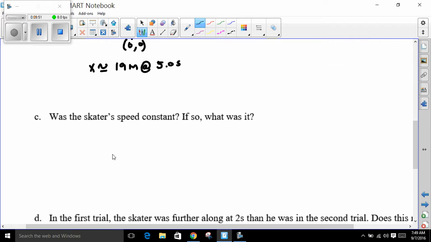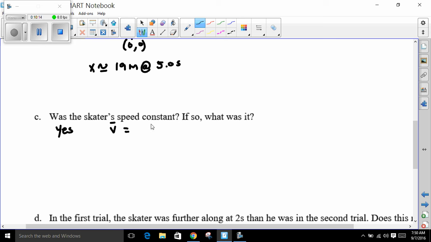Was the skater's speed constant? If so, what was it? Yes. We can take the endpoints again because they're relatively close to the line and say that the speed, which is also represented by v, or you could use s would be fine, is going to be the slope again.